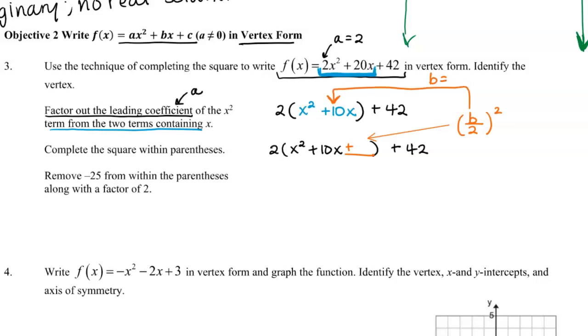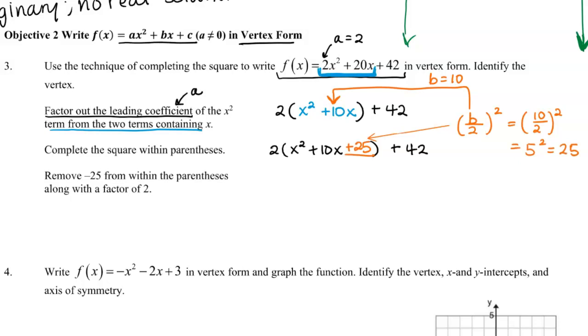So in our case, b is 10. So this is 10 over 2 squared, which is 5 squared, which is 25. So I'm going to add 25 on the inside of the parentheses.